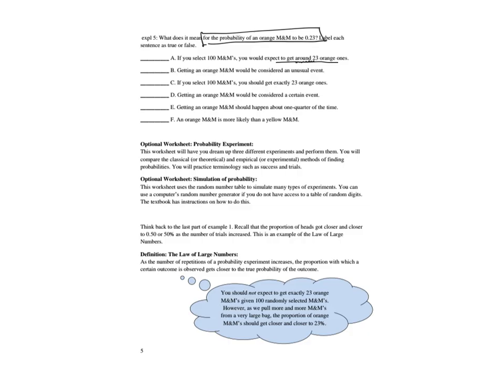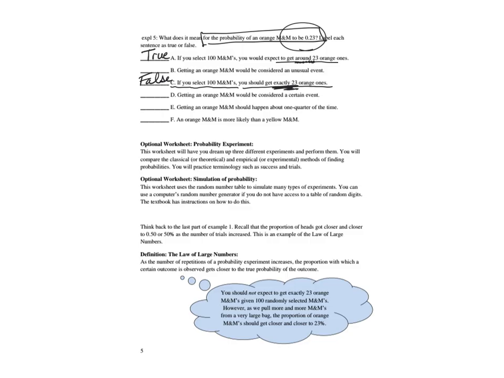I want you to look at C. If you select 100 M&Ms, it starts off the exact same way, right? You should get exactly 23 orange ones. See how different that is? Just that different word can make all the difference. A says if I select 100, I'll get about 23. That's really what the probability is more about. Not exactly 23. I'm not guaranteed to get exactly 23 because every bag is slightly different. So I'm going to call A true, but C false.